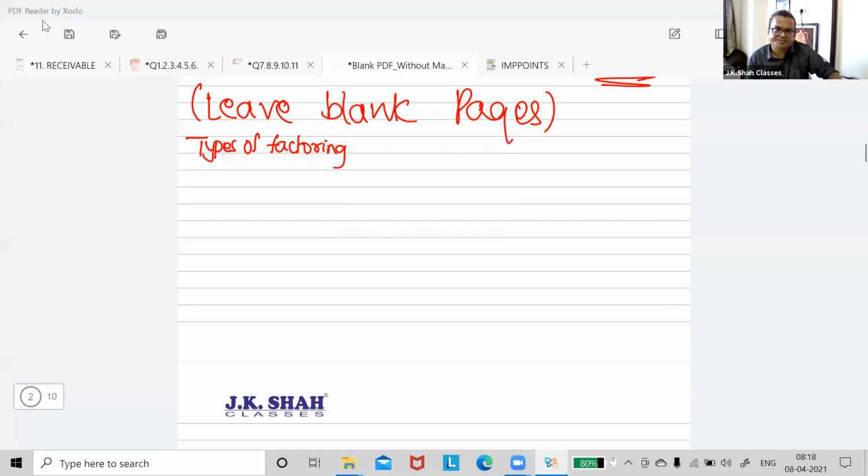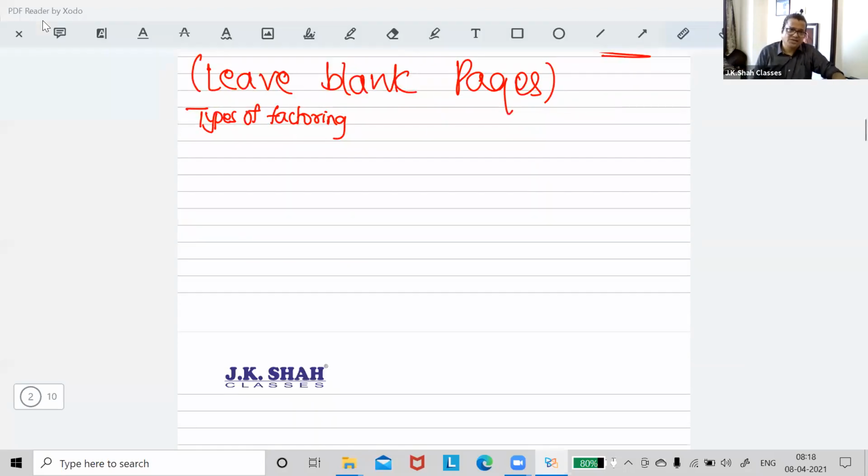Types of factoring. First one, recourse factoring. What happens over here?